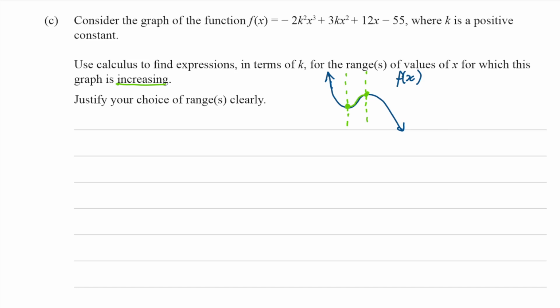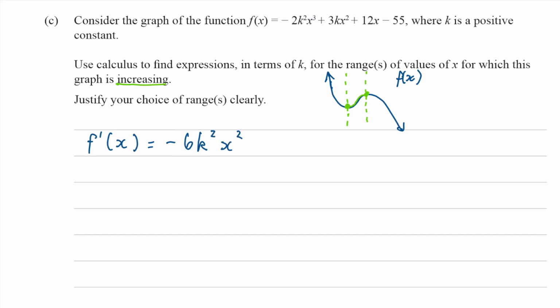So let's do that. So we know f of x. Let's find f prime of x, the gradient function. So looking at the first term, the power of x is 3, multiply it out the front to give minus 6. k squared is just a constant, so that stays as is, and then we subtract 1 from the power of x.